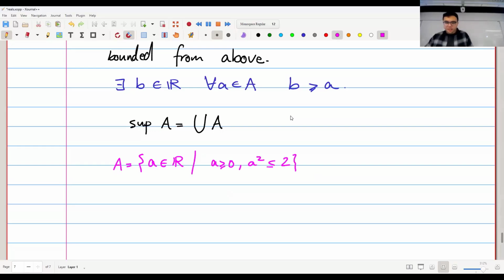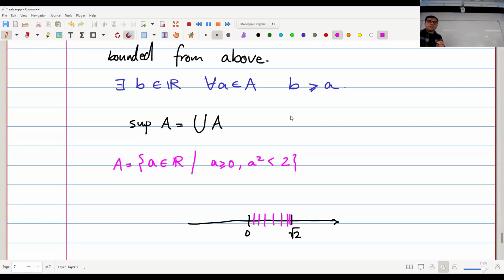Okay, so if I look at the real numbers, it's like going from 0 to square root of 2. Okay, let's say less than 2 so that I don't have square root of 2 itself. Okay, so all the numbers here, everything in between these 2 points is in A.